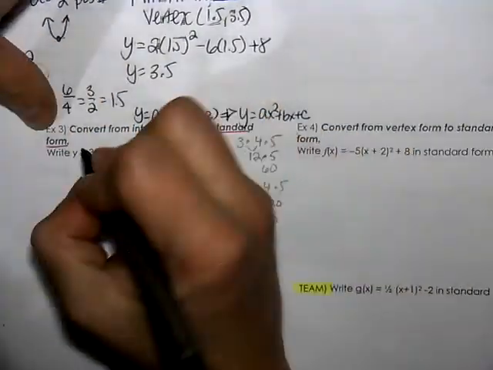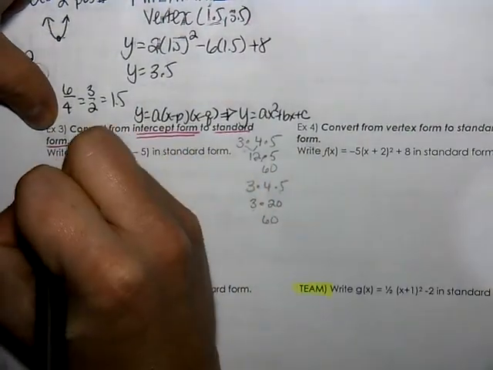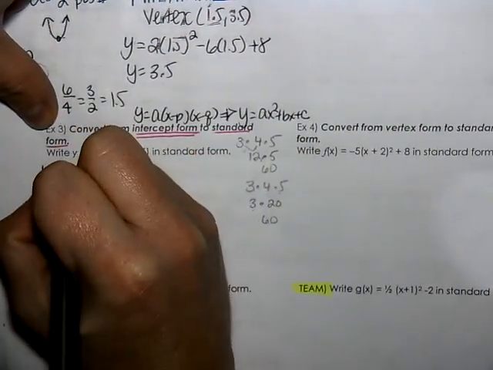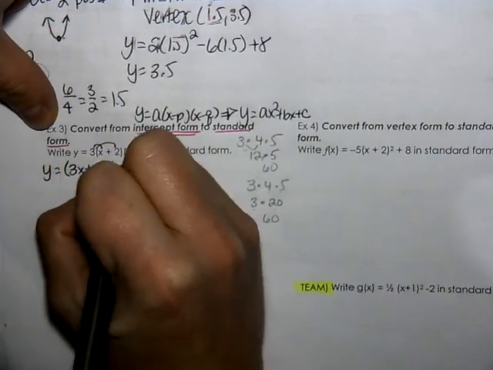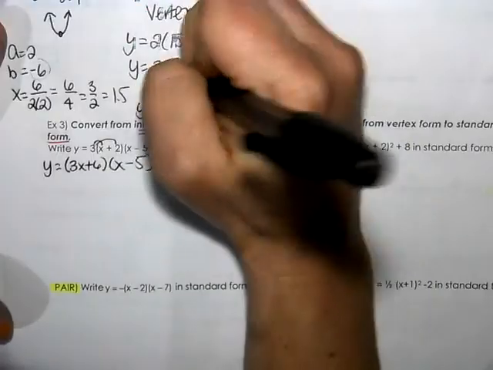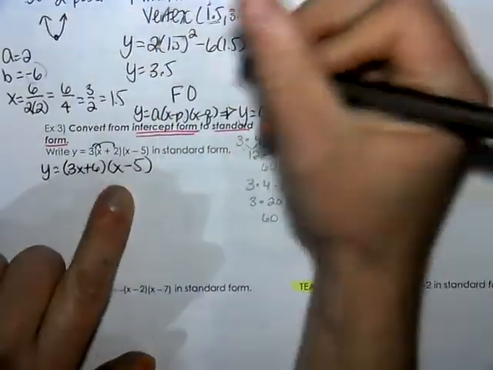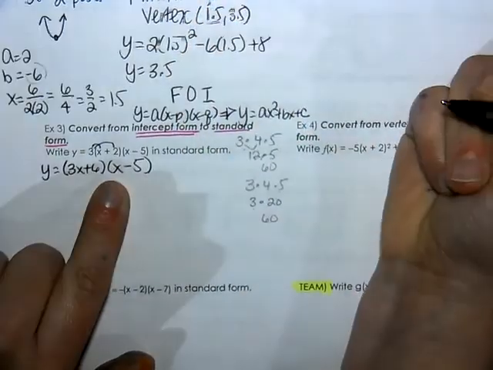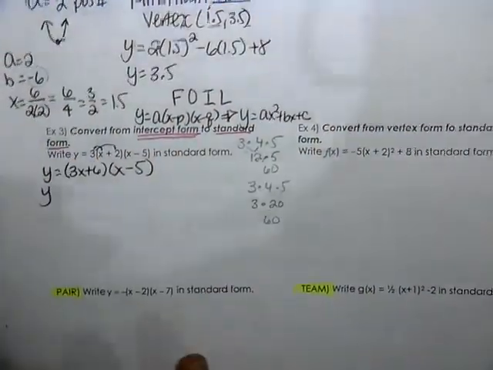So one approach that you can do is distribute 3 to each term, making this y equals parentheses 3x plus 6, and then we're going to FOIL that with x minus 5. Now I said the word FOIL. Remember that FOIL means first times the first, outer times the outer, inner times the inner, and last times the last. So let's go ahead and do that.